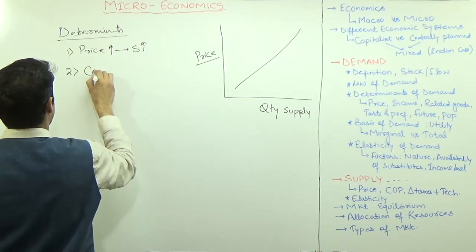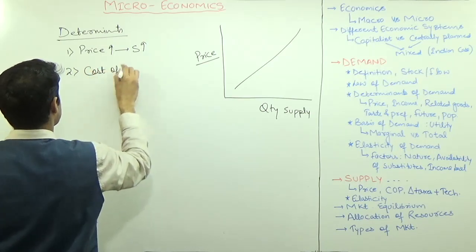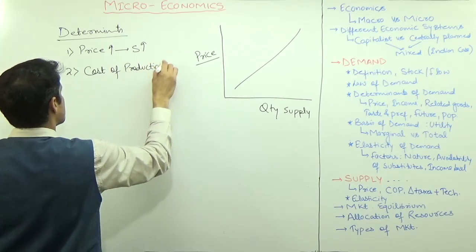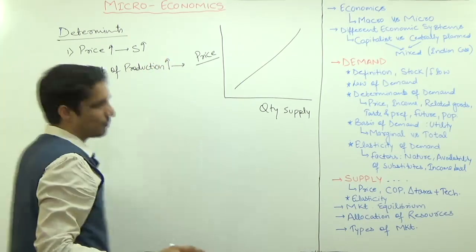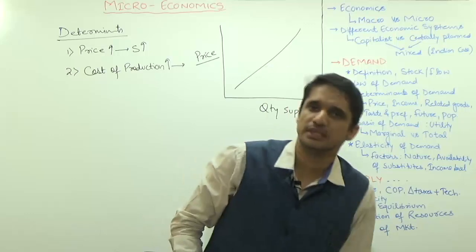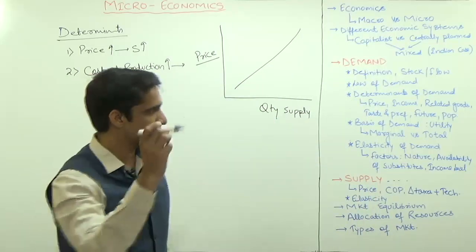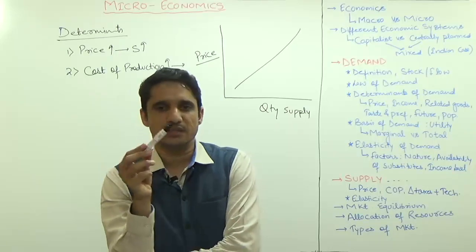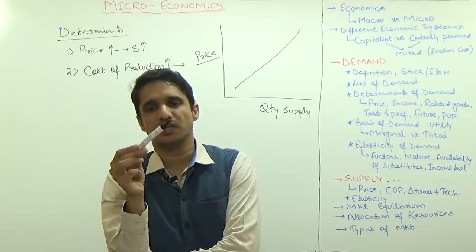The second one is cost of production. When the cost of production increases, the supply of that commodity decreases. Suppose earlier this pen was being produced for 15 rupees and the selling price was 30 rupees.